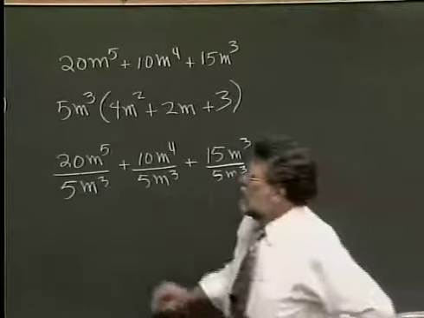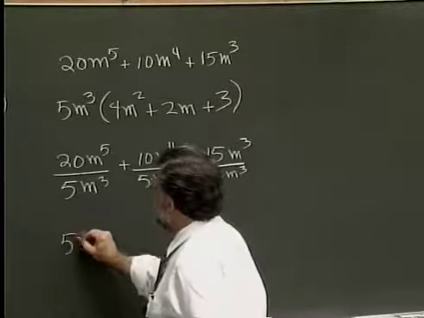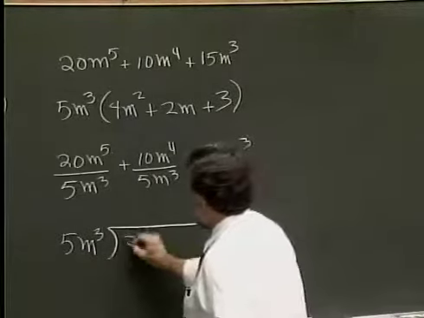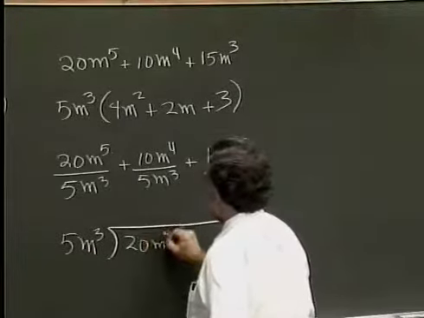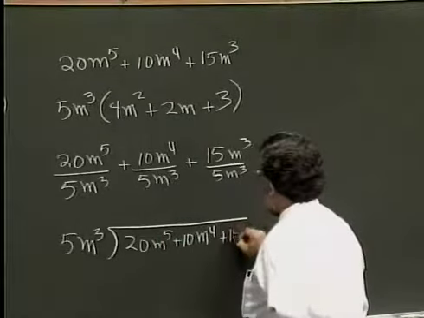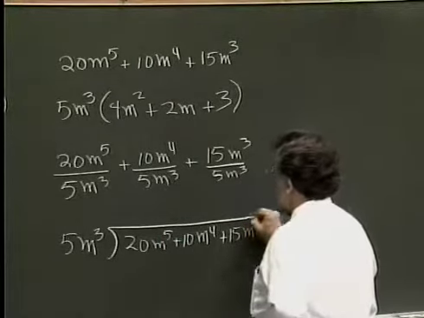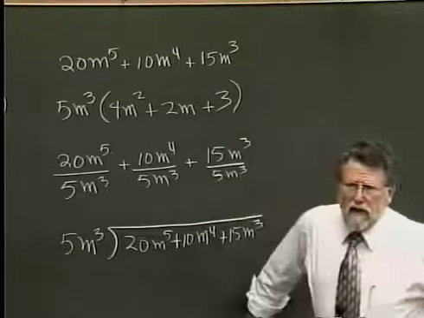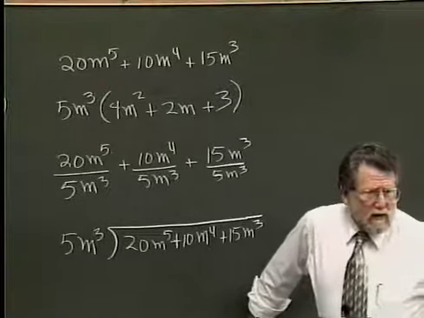If this doesn't appeal to you, then of course you could argue that you are taking 5m cubed into 20m to the fifth plus 10m to the fourth plus 15m to the third, and I could do the long division you practiced in the homework that I just returned.